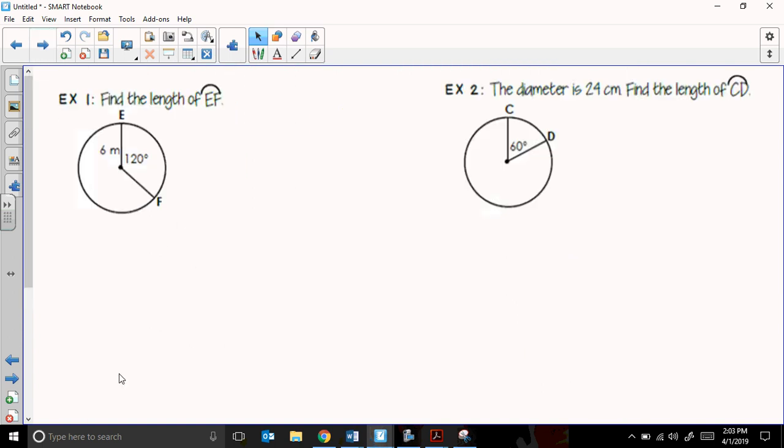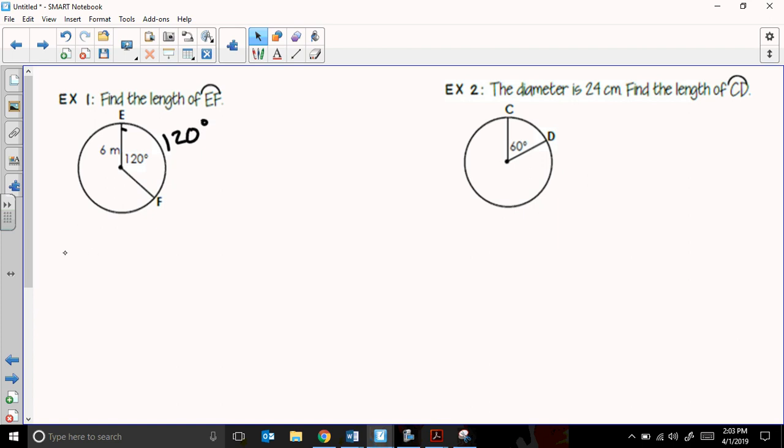So question 1, we want to find the length of arc EF. Okay, so hopefully you can see that from E to F is a minor arc, and we're trying to find the length. So remember, if the central angle is 120, then the degree of the arc is also 120 degrees.